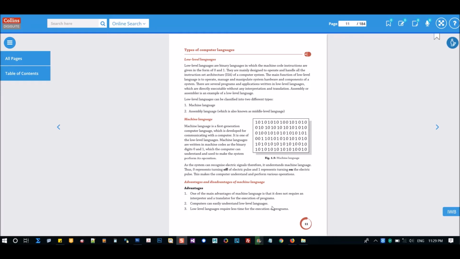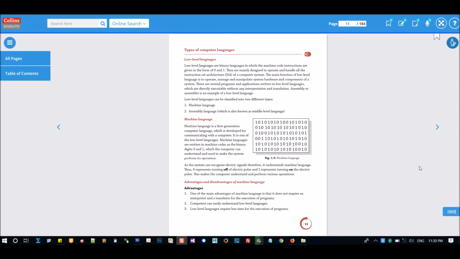Third, low level language requires less time for execution of programs. Since the language is very simple, we just have to use 0 and 1, it takes very little time to execute the program. So these are the advantages of using machine language.